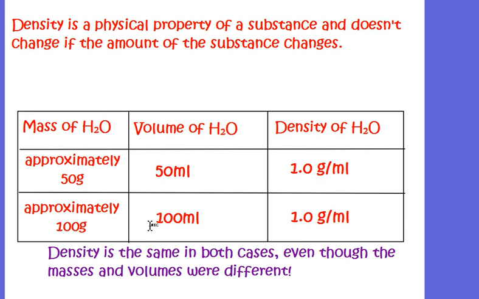If you had 100 milliliters of water, it would be 100 grams. You divide that, 1 gram per milliliter. So density is the same in both cases, even though the masses and the volumes were different. So if the mass of an object changes, as long as it's the same substance, the density will stay the same. It does not matter if you have a little piece or a big piece.